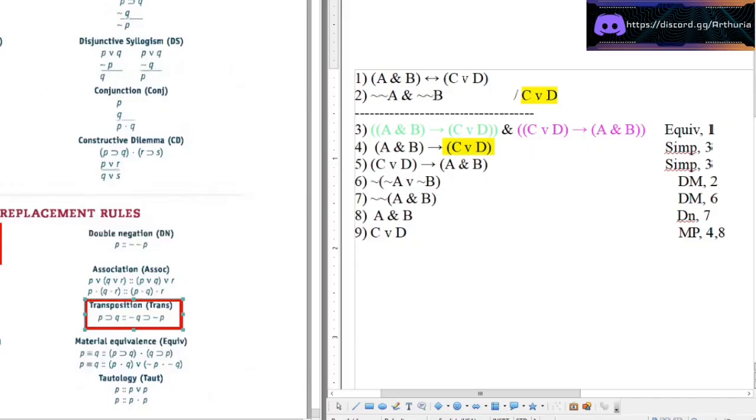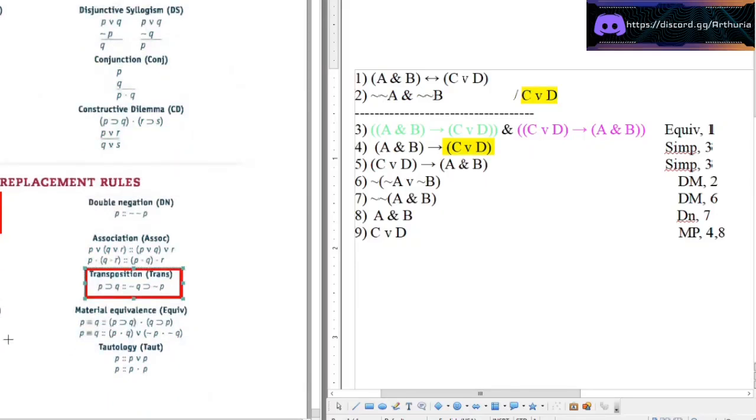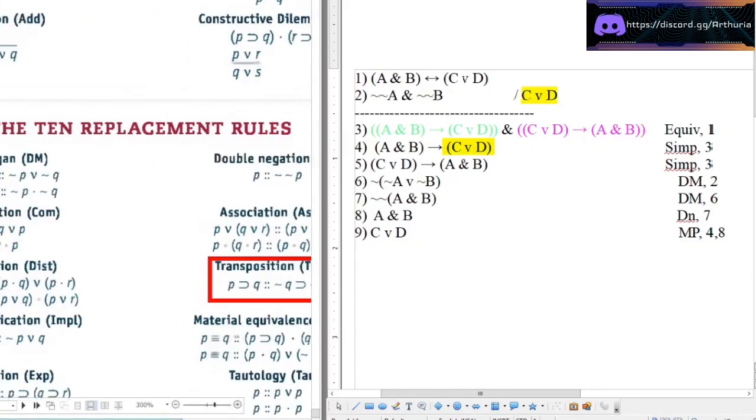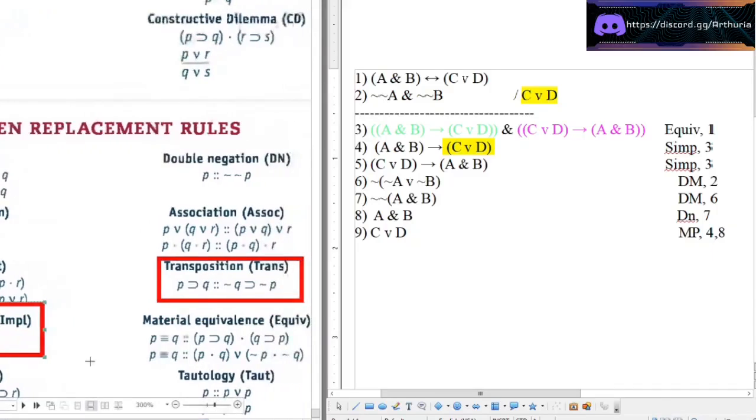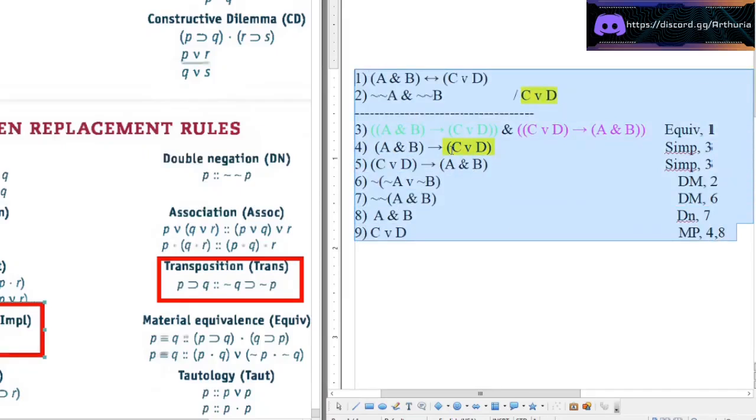If you grant me what is it? Where's my conditional changer? Material implication. With material implication, these 2 rules are related. So, okay, let's prove it.